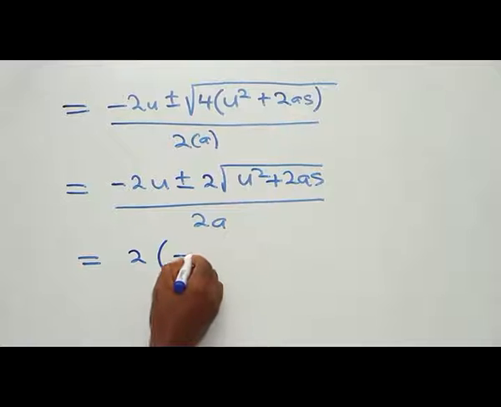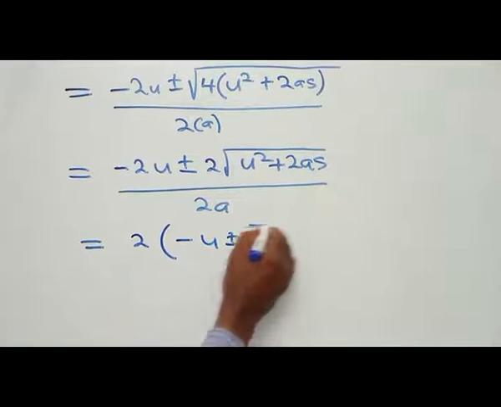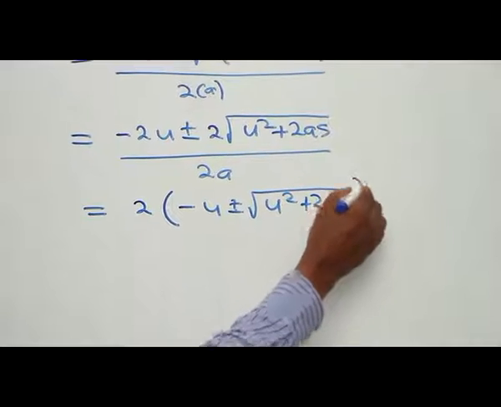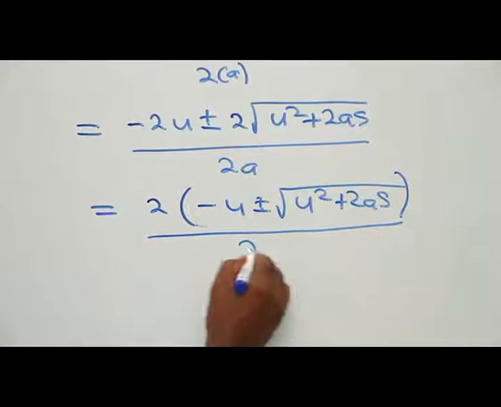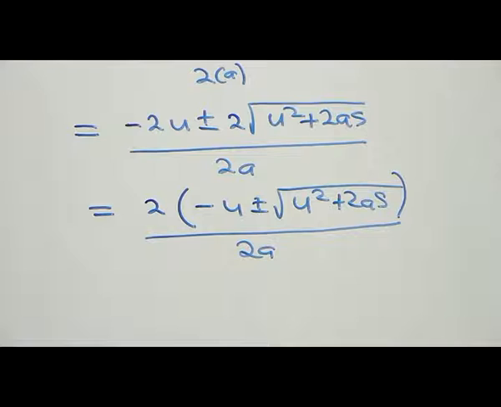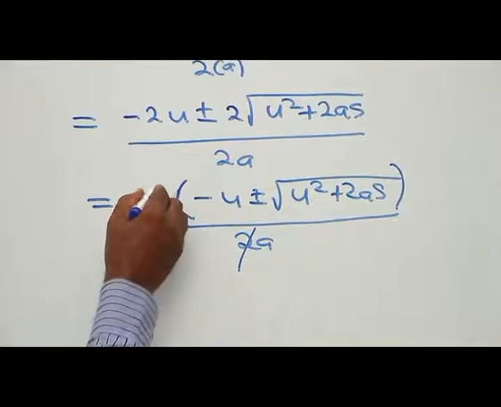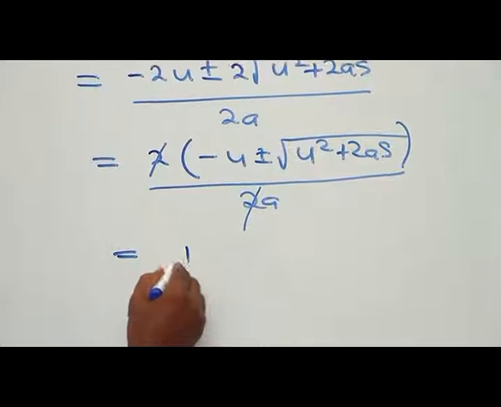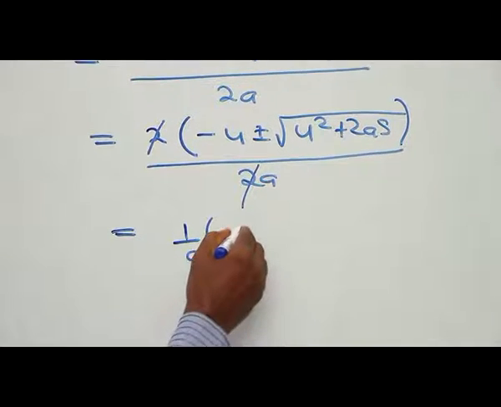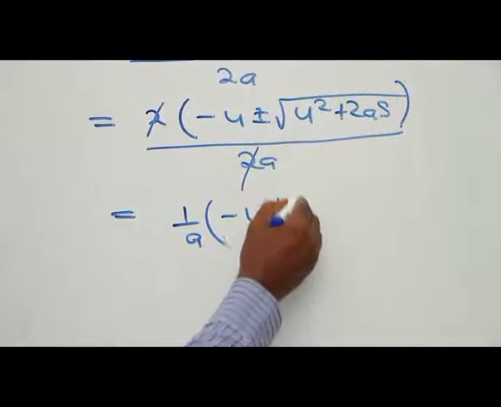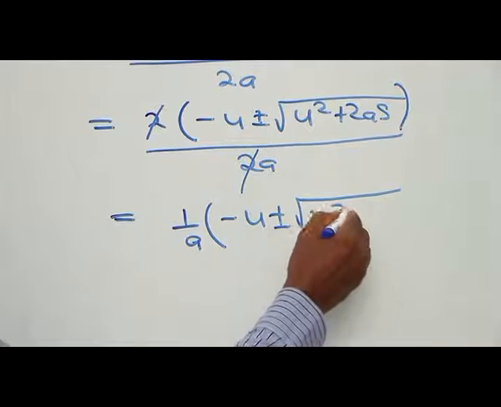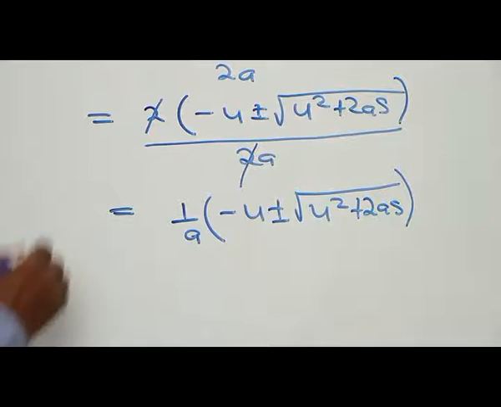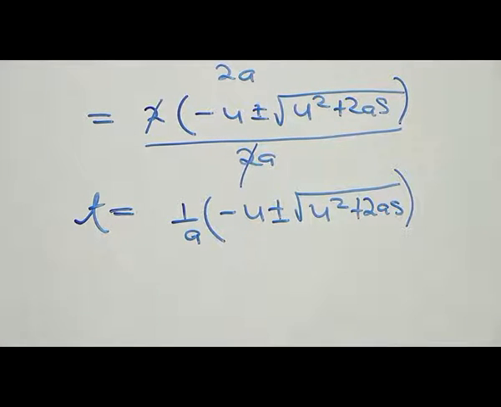You open the bracket: minus u plus or minus the square root of u squared plus 2as. Close this bracket. Divide everything by 2a. At this point, you can cancel 2 and 2, and then you are left with 1 all over a into minus u plus or minus the square root of u squared plus 2as. You close the bracket. You have now made your t the subject of the formula.